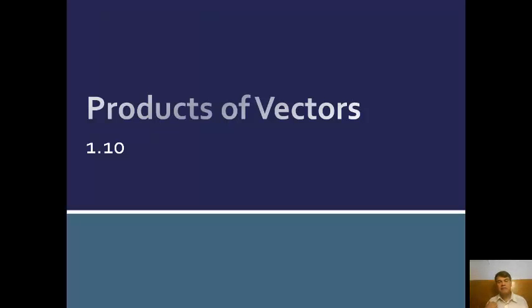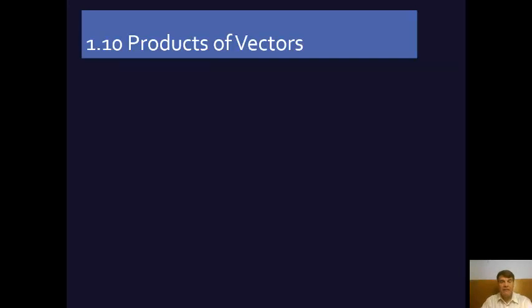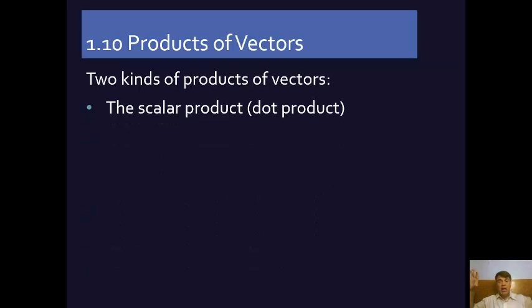But there are places in physics where you want to multiply two vectors together, and it can get a little complicated. There are basically two ways to multiply vectors. There is the scalar or dot product.